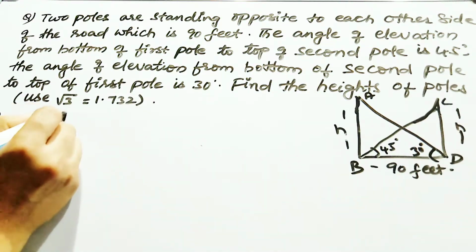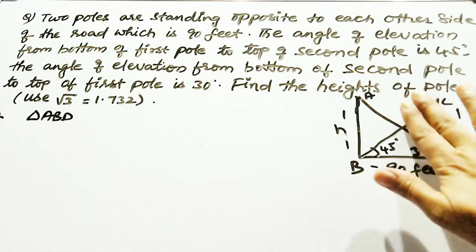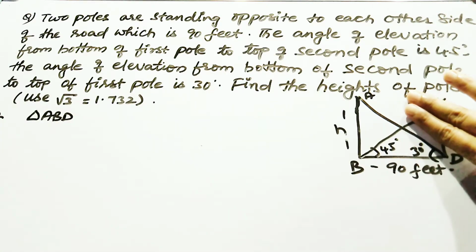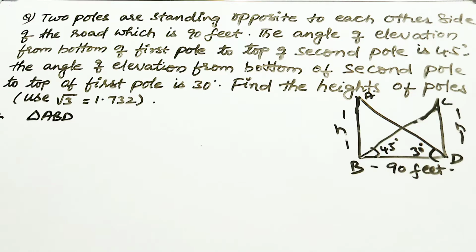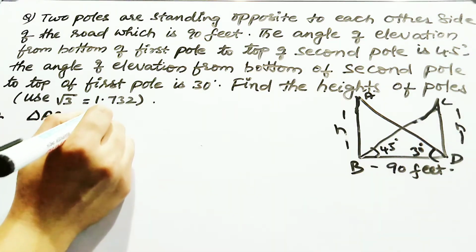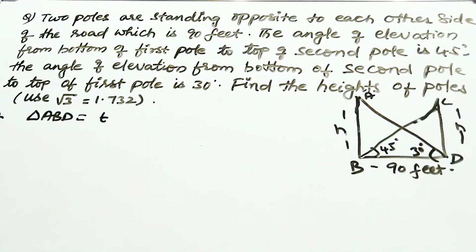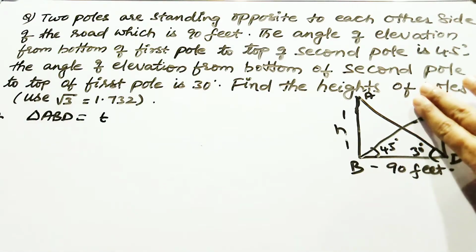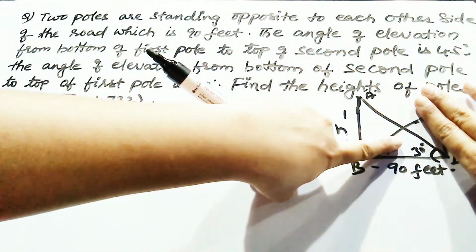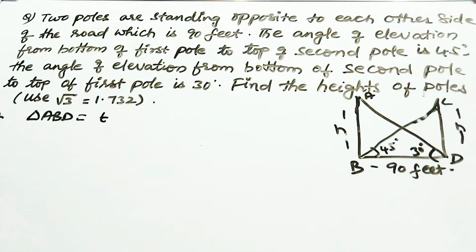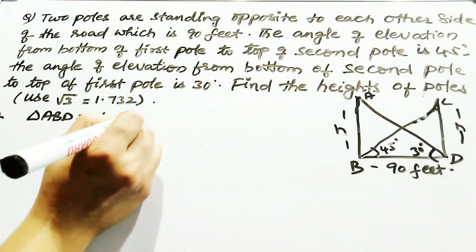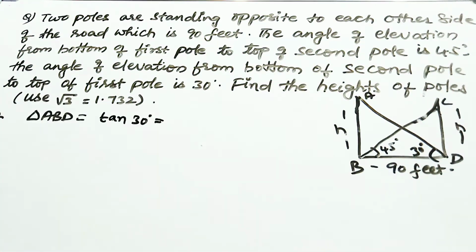So first find out angle ABD. What is your angle ABD? Nothing but tan angle ABD, which means 30 degree you are getting. Tan 30 degree equal to opposite by adjacent.